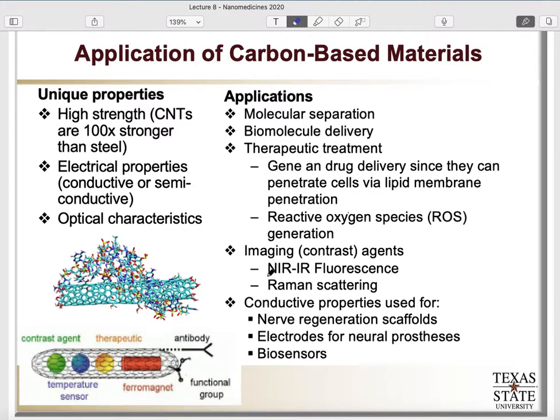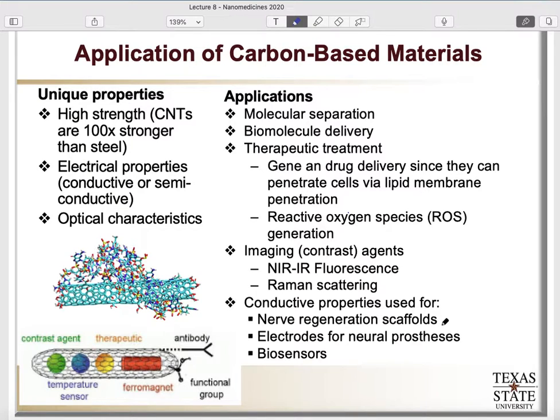But not only that, we could also utilize that carbon nanomaterial to load a contrast agent, such as a fluorophore or some other molecule, or maybe even a paramagnetic nanoparticle, in order to provide contrast. And then finally, the conductive properties can be utilized for nerve regeneration scaffolds.